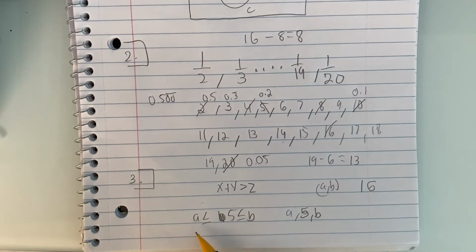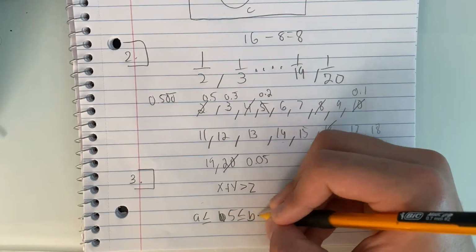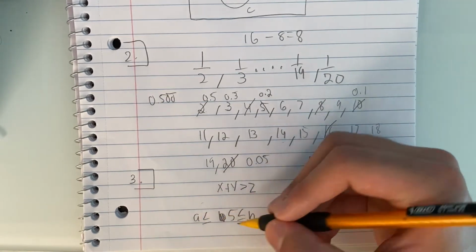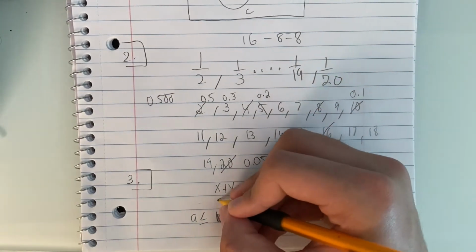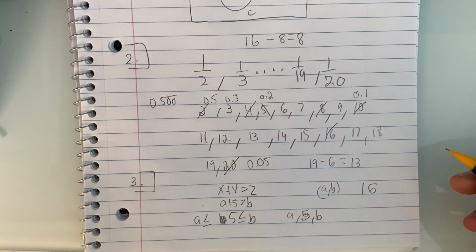if you have A as 2 now, you're going to have the sum of 7. So basically, this becomes 6, because B is always the greatest integer. So instead, you're going to have A plus 5 is greater than B, and you're just going to use this to count up real quickly.